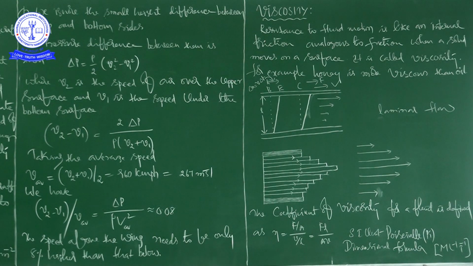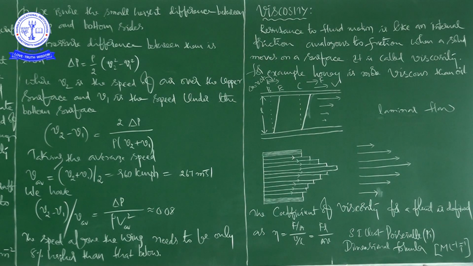Similarly, that next layer tries to stop the motion of another layer. But when you apply more force, higher in magnitude, the layers are not able to overcome this applied force, so the fluid will come out. Viscosity is nothing but the internal friction among the fluid layers.